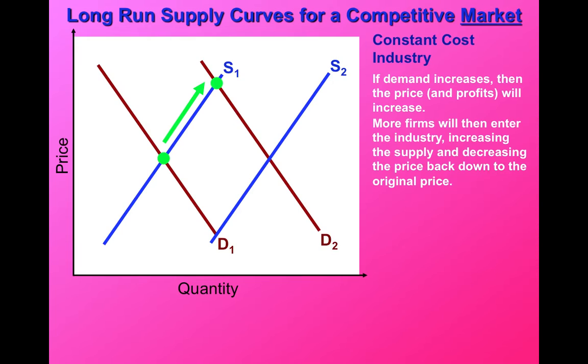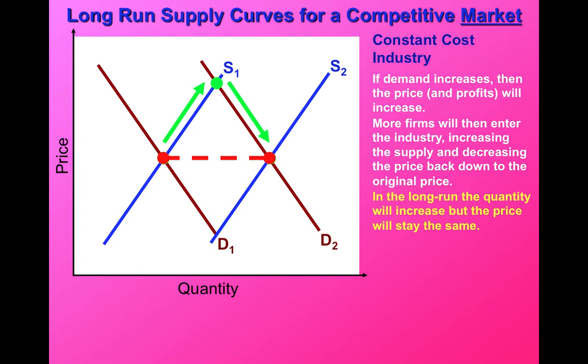We know supply will go up, but the question of the day is, how far will supply go up? Will it go up so much that it will bring the market price right back down to where it was? Well, if that's the case, then it's a constant cost industry.